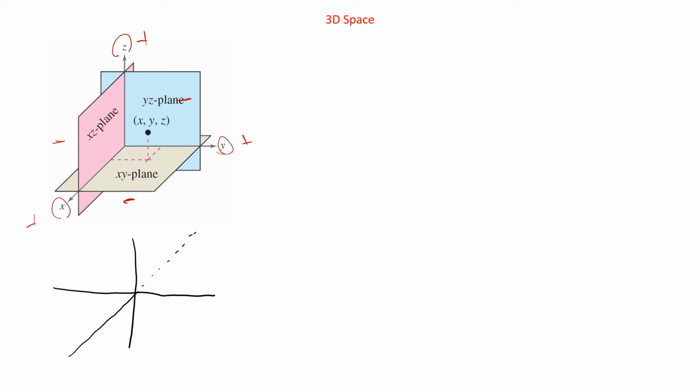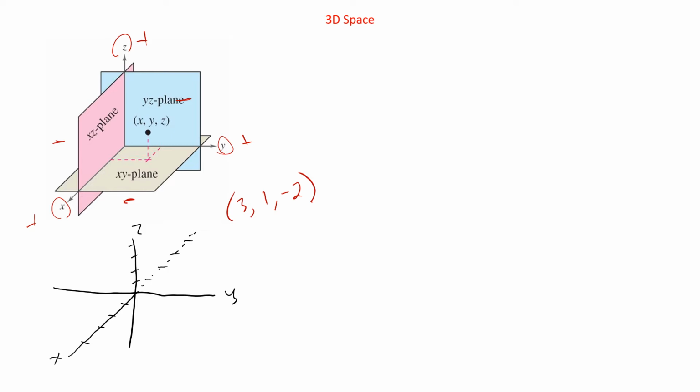That's where we have it behind the screen, under the desk, things like that. And so this is x, y, and z. If we wanted to graph a point, let's say we wanted to graph the point 3, comma 1, comma negative 2, we would first, let's make our tick marks here.